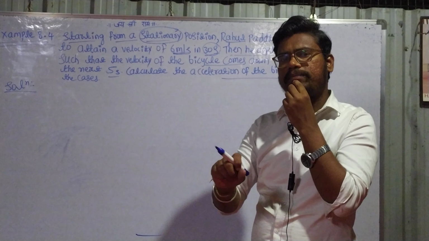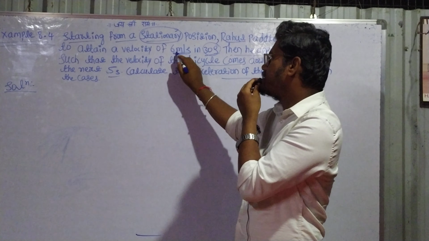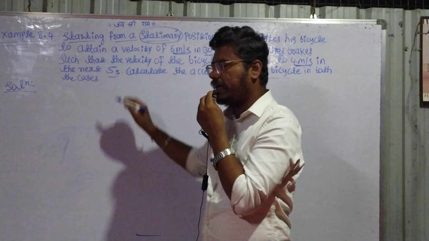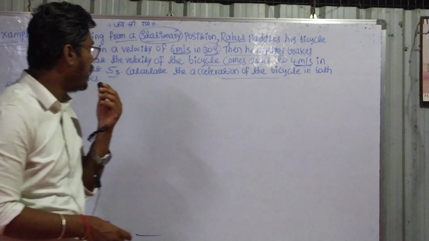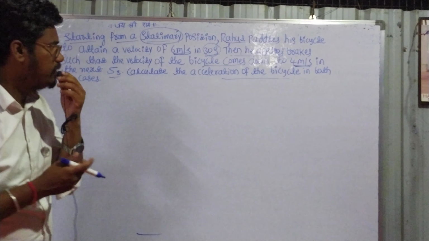And after Rahul applies the brake, its speed decreases from 6 meter per second to 4 meter per second with a time of 5 seconds. So you have to find the acceleration in both cases.